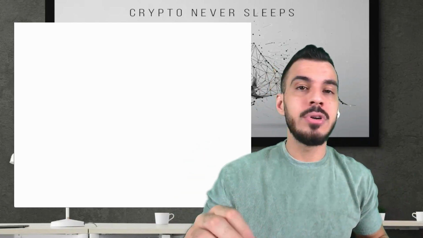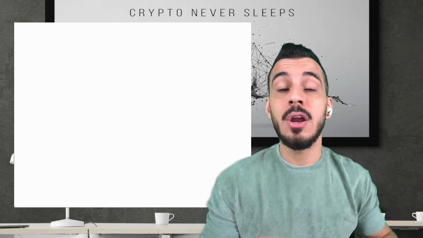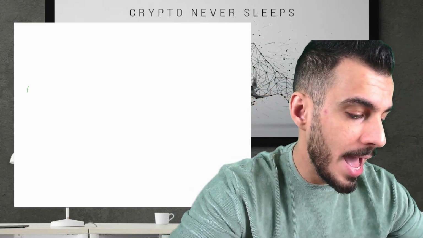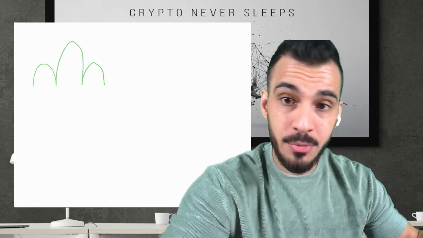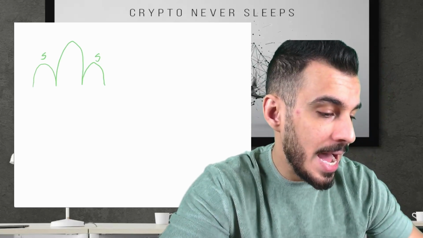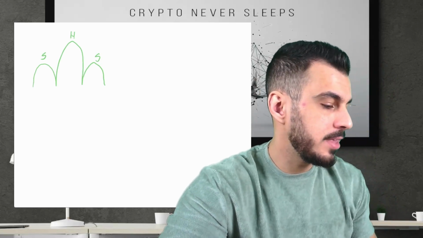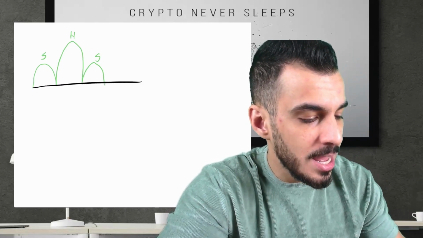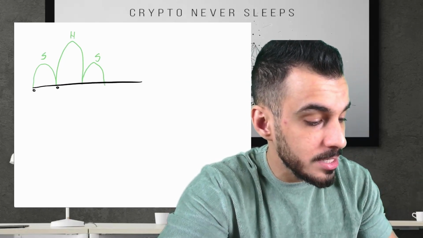Let's start with the bearish one, guys, the one that we are going to find on the top of a bull trend. As the name says, we are going to have a head and two shoulders. There we go. Here we're going to have a shoulder, another shoulder, and a head in the middle. The most important thing here is the neckline, this level of support here that supported the price action all these times right here.